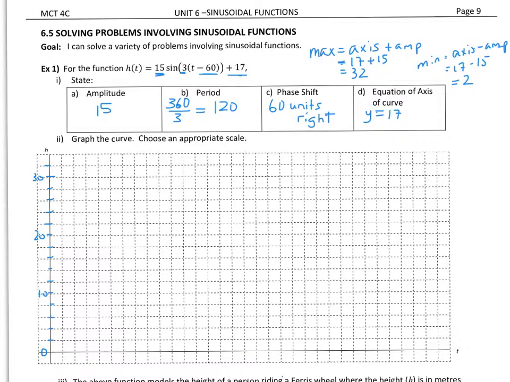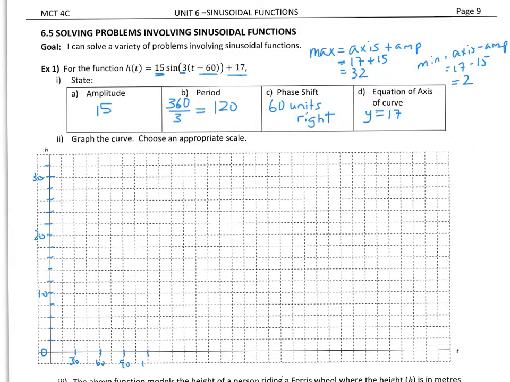Now, if we look at period, we need to make sure we make the x-axis, or in this case the t-axis, work well for us. If I take the period of 120 and divide that into 4 equal spots, that's going to give me 30. So if I make every 2 blocks worth 30, that would be 30, 60, 90, 120.